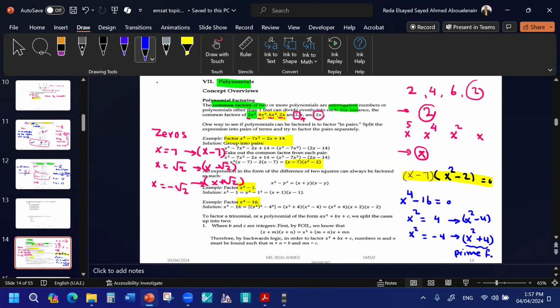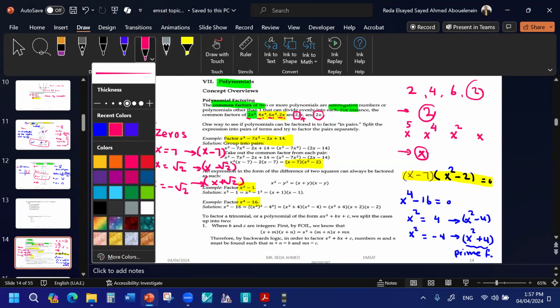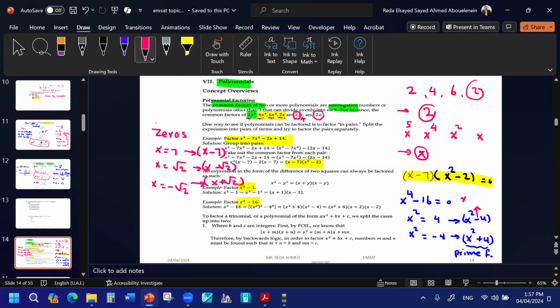Here x squared minus 4 gives x equals 2 and x equals negative 2. So if you factor this, it will be x minus 2 multiplied by x plus 2 multiplied by x squared plus 4. That's it.